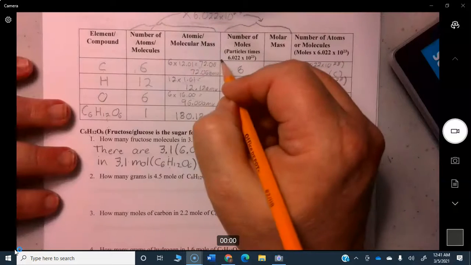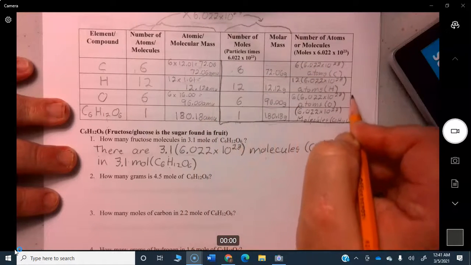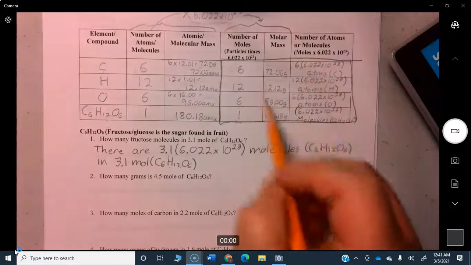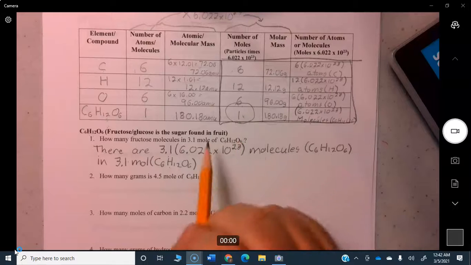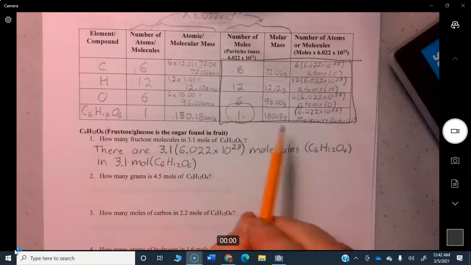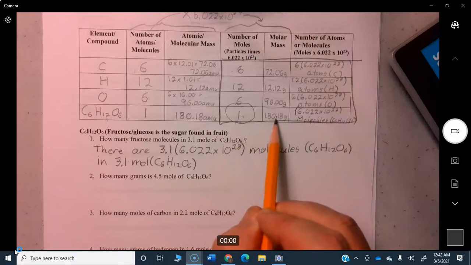Let me go ahead and draw the box around this. Remember, everything is referenced to 1 mole of C6H12O6. So all of these numbers in here relate to 1 mole of this substance. Okay, how many grams is 4.5 moles of C6H12O6? So if I want 4.5 moles of this, then I have to multiply this by 4.5.